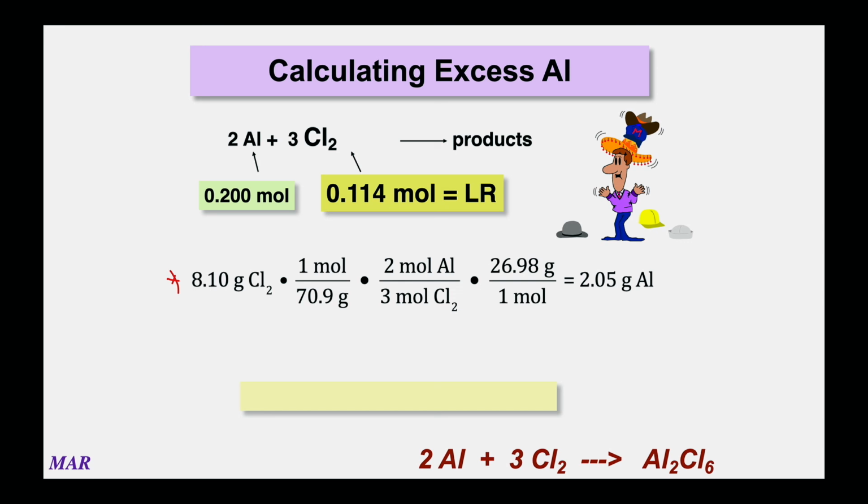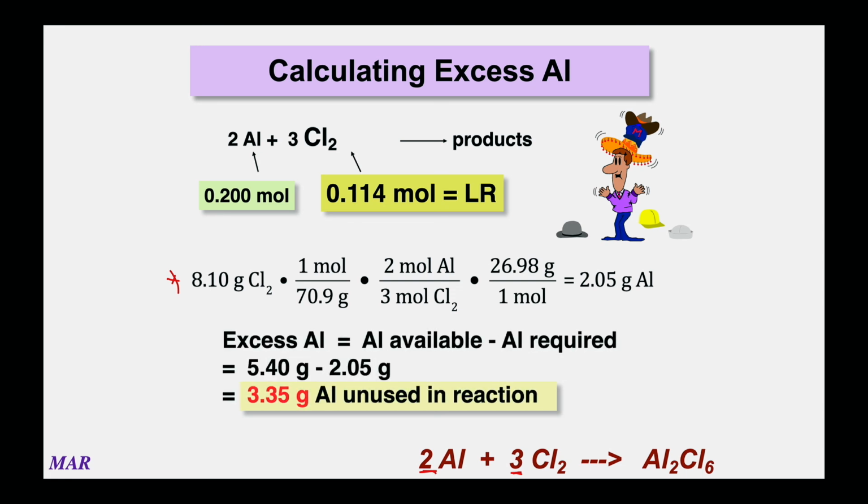It's a 2/3 ratio, again because of the balanced reaction, and then you can multiply by the molar mass of aluminum. And this number is 2.05 grams of aluminum. And that's the grams of aluminum needed to react with 8.10 grams of chlorine. So that number is important. That's the number needed to make the Al2Cl6.